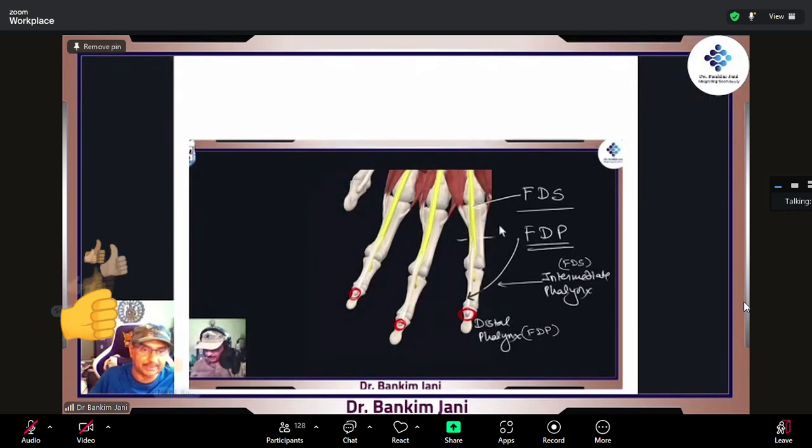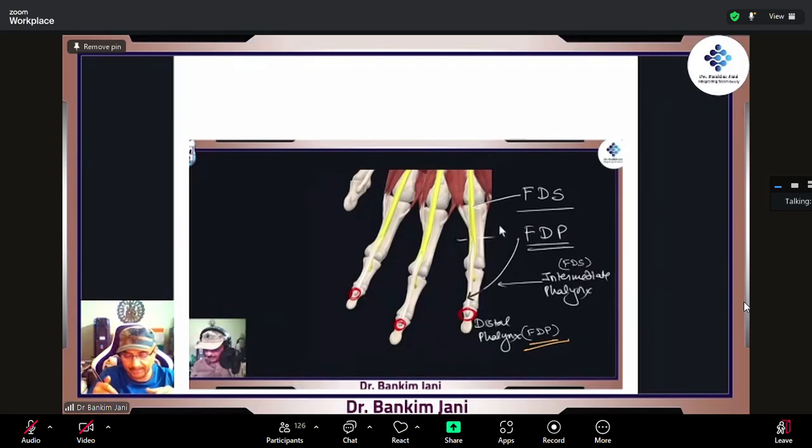But things are like this. What we discussed just now: in case of the movement of flexor digitorum superficialis, it is like this. But when it comes to flexor digitorum profundus, it is like this. We are talking about the distal interphalangeal joint. Flexor digitorum profundus travels all the way and lands on the distal phalanx. They go via the common flexor sheath.